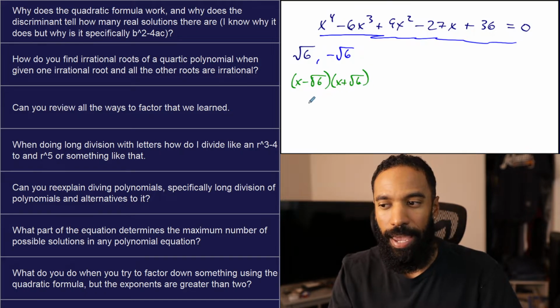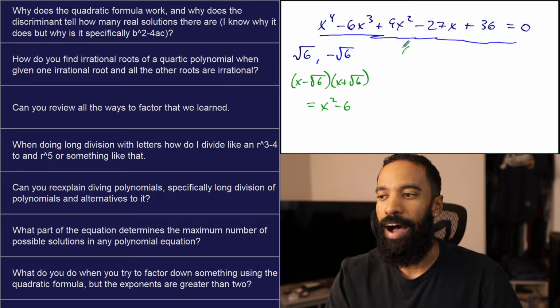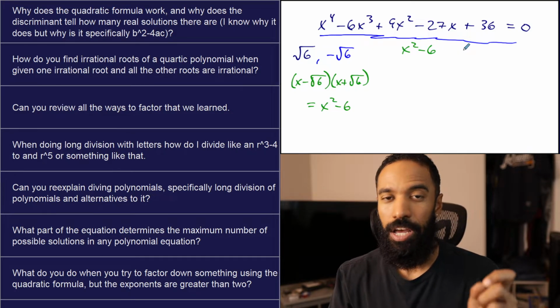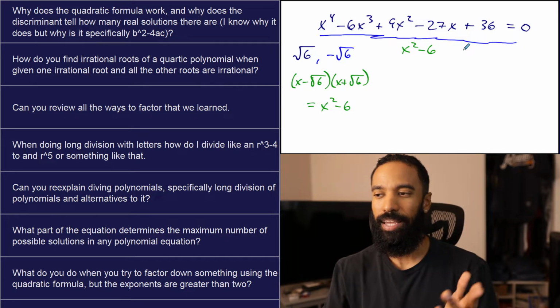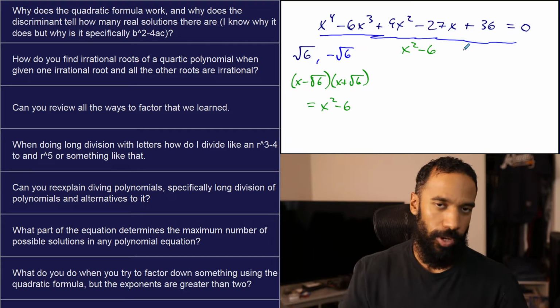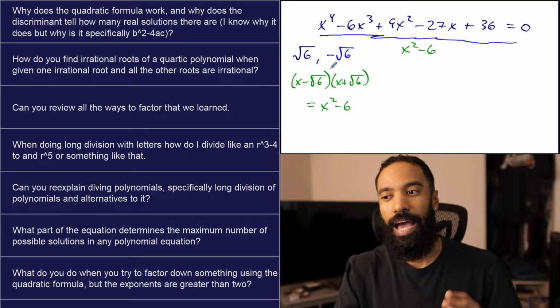And if we expand this into x squared minus 6, then we could divide this by x squared minus 6 and use not synthetic division, but long division on that thing. Use long division because it's a quadratic, and then it breaks down to another quadratic for you that you can solve using the quadratic formula or completing the square. You couldn't solve by factoring if they're irrational roots.